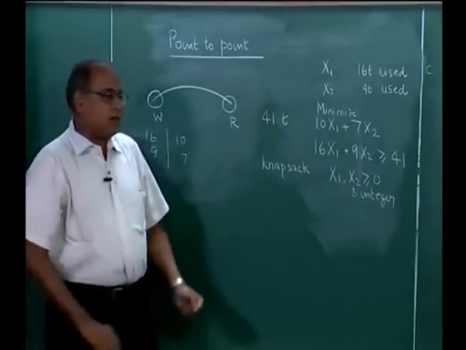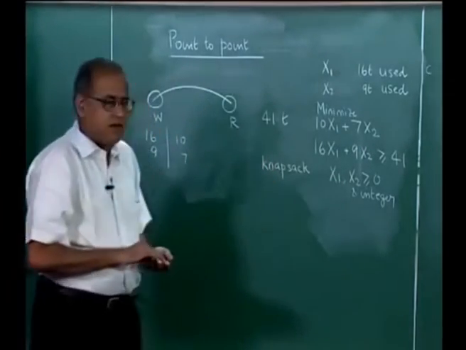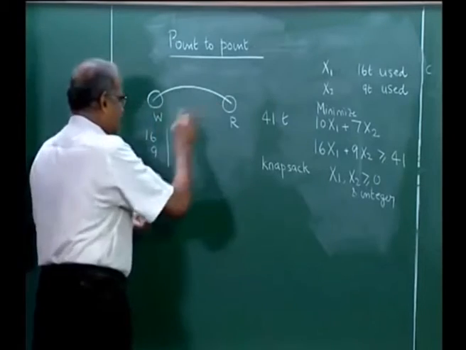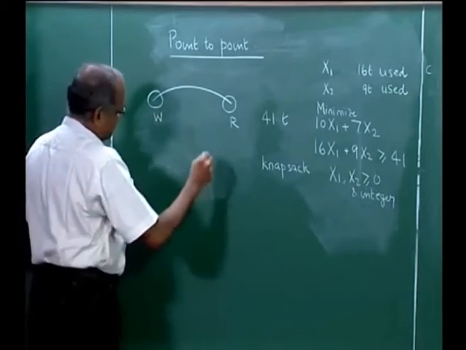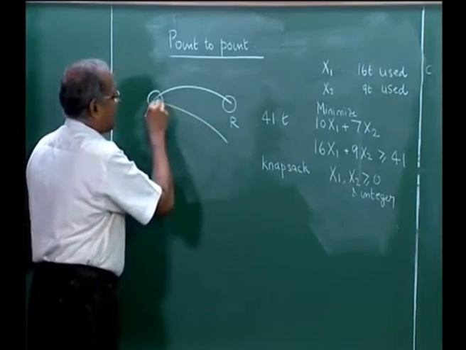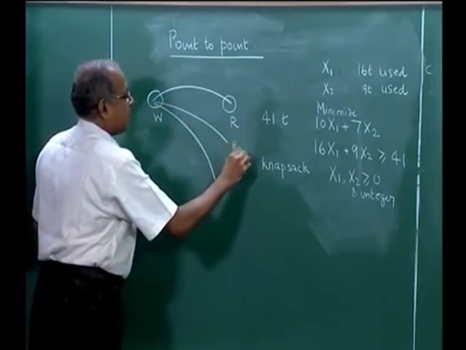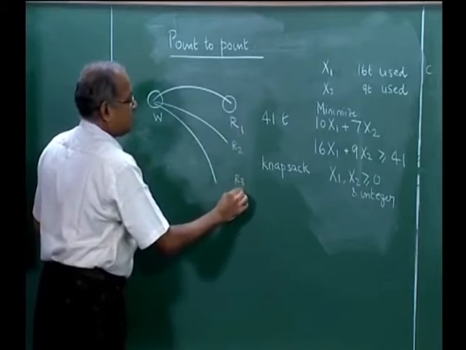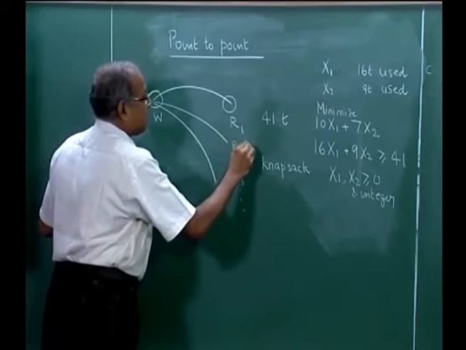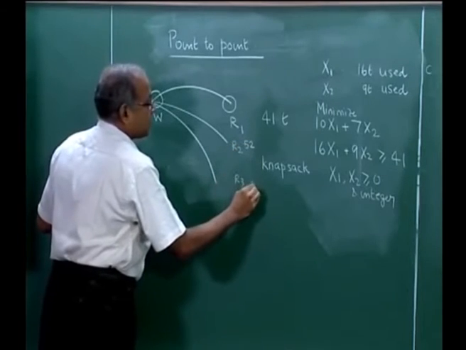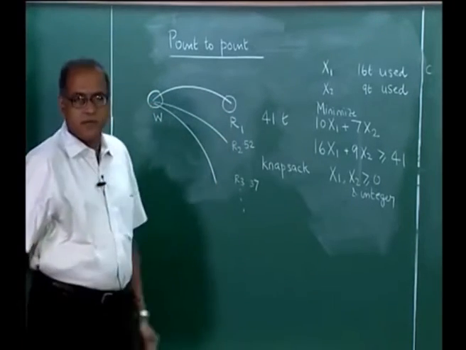The same problem can become a little different if we have different warehouses and different retailers, or if we have one warehouse and multiple retailers, R1, R2, R3 and so on. This person may require 41, this person may require 52, this person may require 37 and so on.